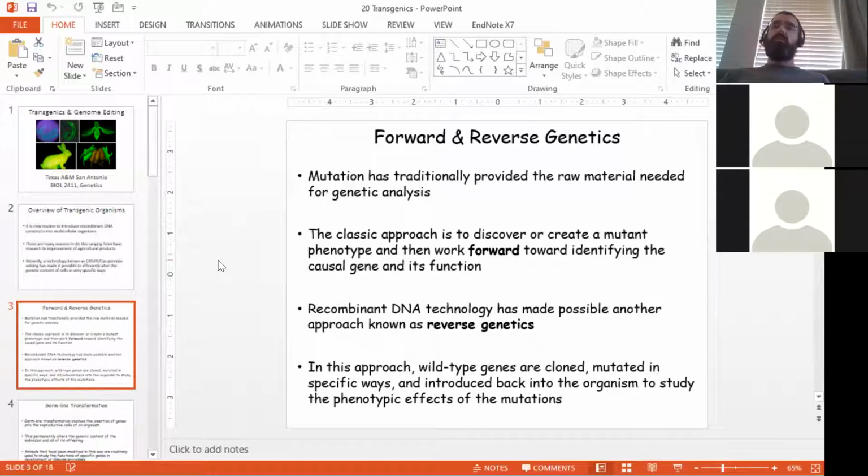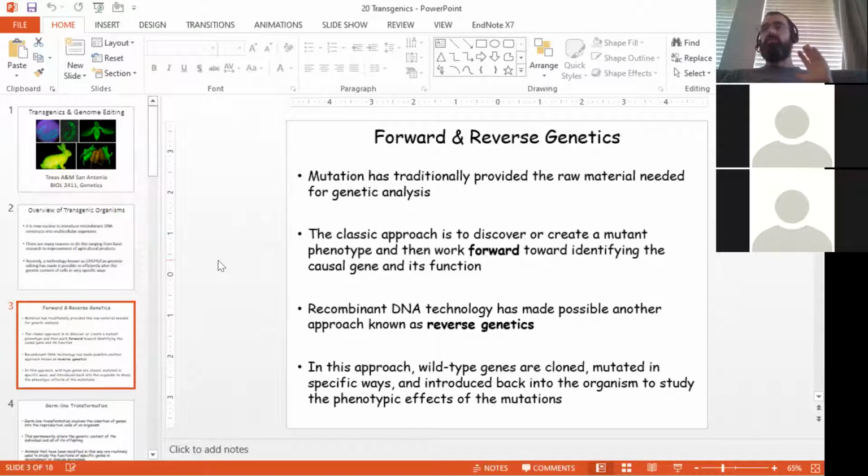But now we've got a whole bunch of other ways of figuring out stuff, right? And this is known collectively as reverse genetics. So in this case, typically, you start with something known, right? So you might know what the gene is. It might be, okay, we've got this particular list of genes, right?